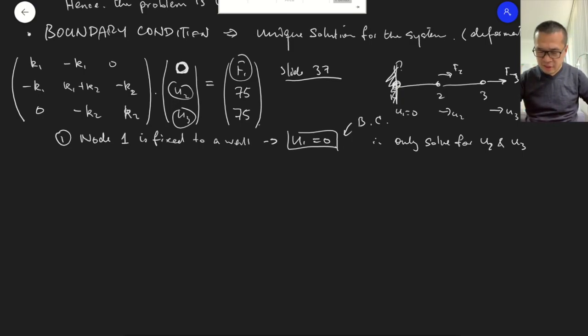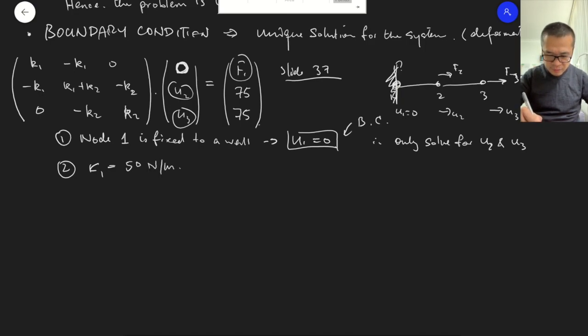And we can give some force constants. In this case, we say K1 is 50 Newton per meter. K2 is, for example, 75 Newton per meter.